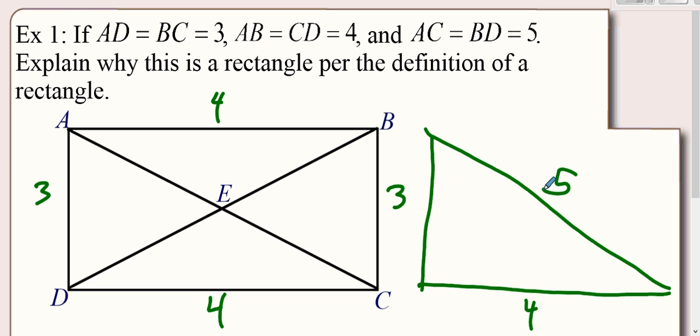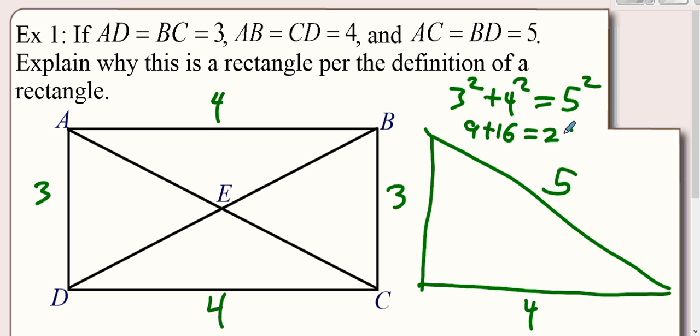Now, I have a lot of practice with the Pythagorean theorem, so I've seen these numbers a whole lot because 3 squared plus 4 squared equals 5 squared. That's true. 3 squared is 9, 4 squared is 16, 9 plus 16 is 25, which is 5 squared. Since the Pythagorean theorem is true, that means that's a right triangle. This angle over here is a right angle.